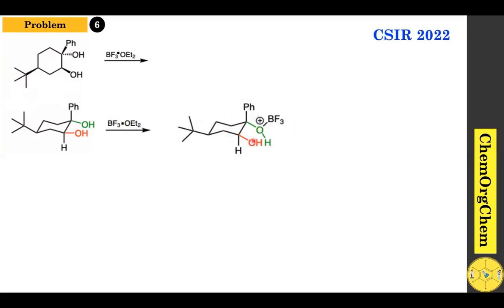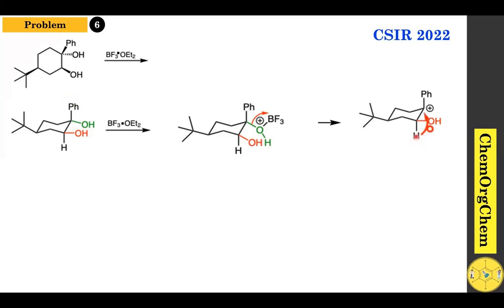Once you get the intermediate, this bond breaks down, which leads to generate the corresponding carbocation. Once you get the carbocation, the next step would be a 1,2 shift. Here particularly a hydride ion shift takes place. Here you see how this takes place.